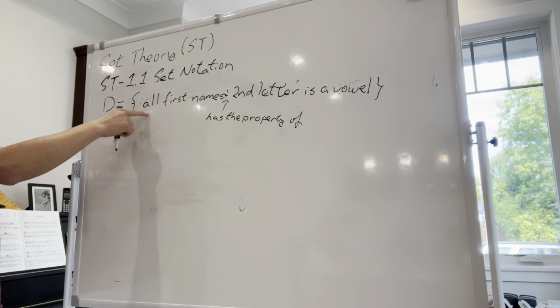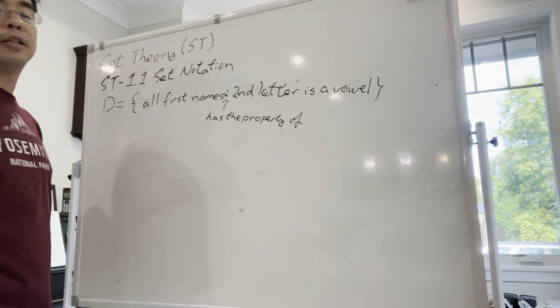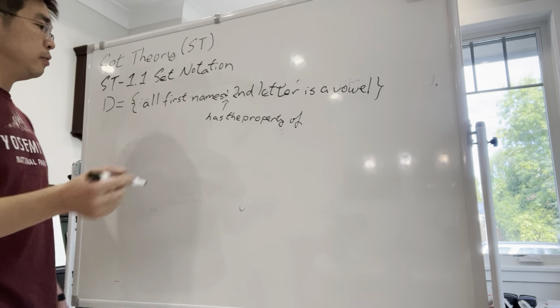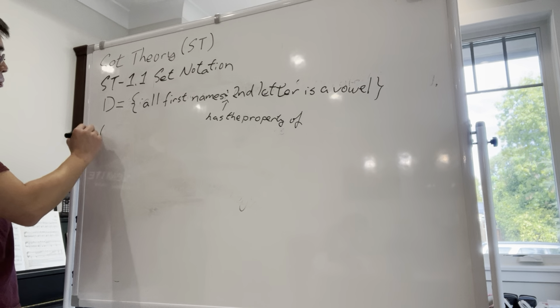So D is all first names that also have the property that the second letter is a vowel. For example, Daisy is an element, because Daisy is a first name and the second letter is a vowel. Okay.